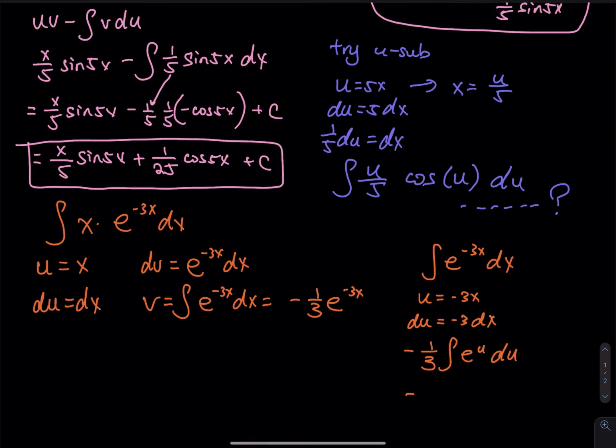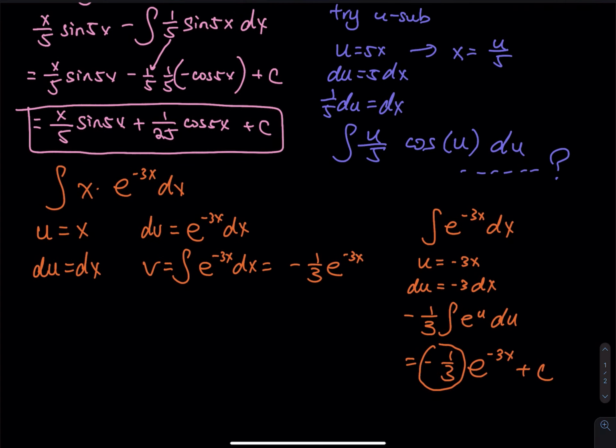That's how we get negative 1/3 e to the negative 3x plus c. That's how we get the negative 1/3 in front of the e. And again, I expect you to be able to do this in one step. It just takes a little bit of practice, all right? So do this in one step.